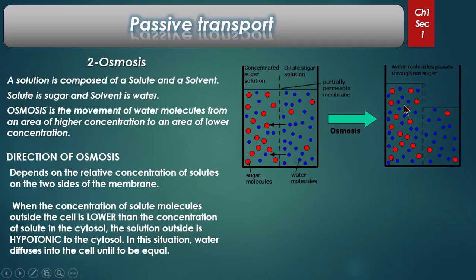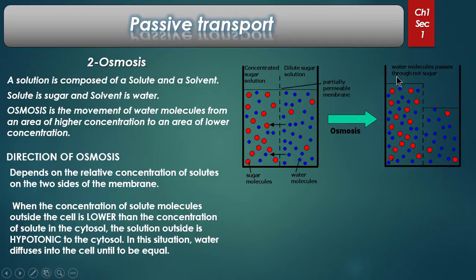It hits this one, then hits this one, then this one, and then maybe goes to the other side. But these molecules go like this, hit this one and come here. So the chance of those molecules to get to the other side is better, okay, more.